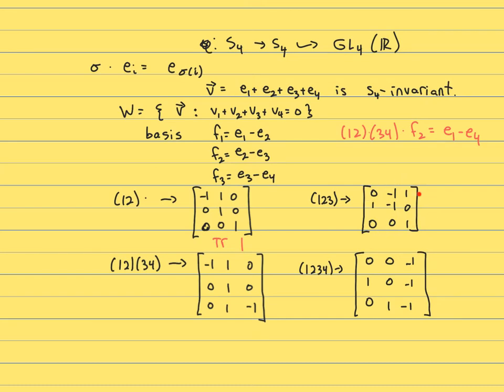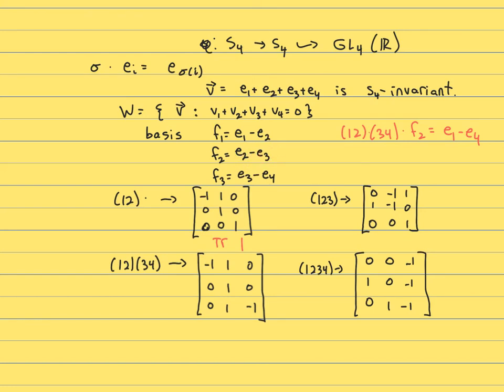Similarly, if I act by (1 2 3), let's see. E1 goes to E2, E2 goes to E3, so F1 becomes F2. So I get this column vector. On the other hand, E2 becomes E3, E3 becomes E1.